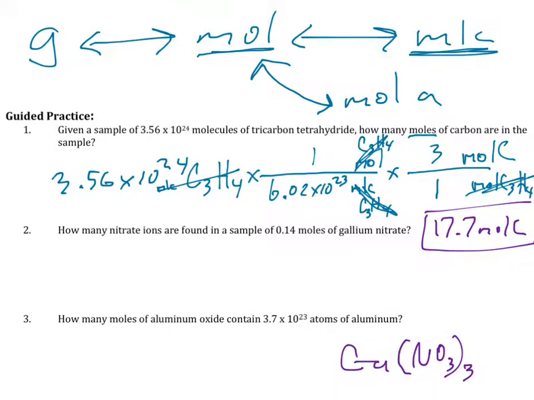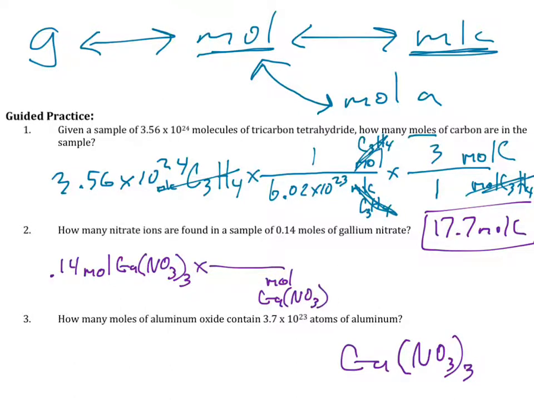And so if we have 0.14 moles of the gallium nitrate, we can go from moles of gallium nitrate to moles of nitrate. And we know that 1 mole of this has 3 moles of the nitrate.